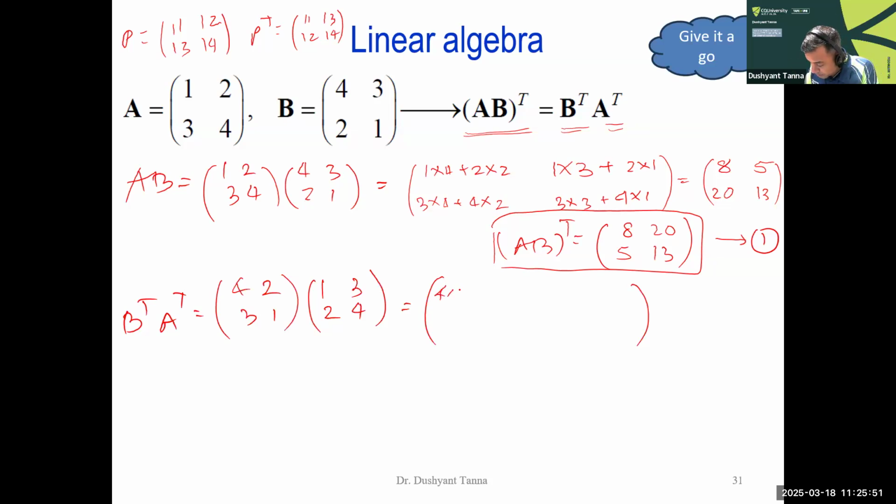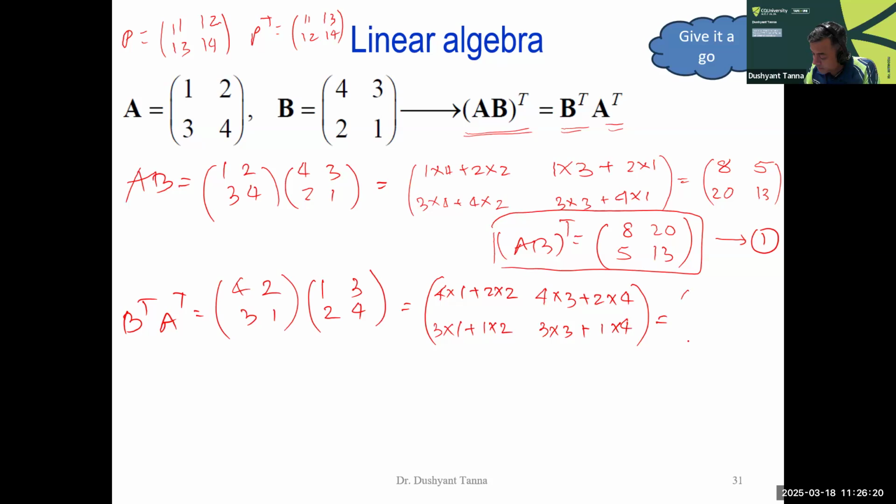So 4 times 1 plus 2 times 2. First row, second column. That is 4 times 3 plus 2 times 4. Second row, first column, 3 with 1 and 1 with 2. Second row, second column, so 3 with 3 and 1 with 4.